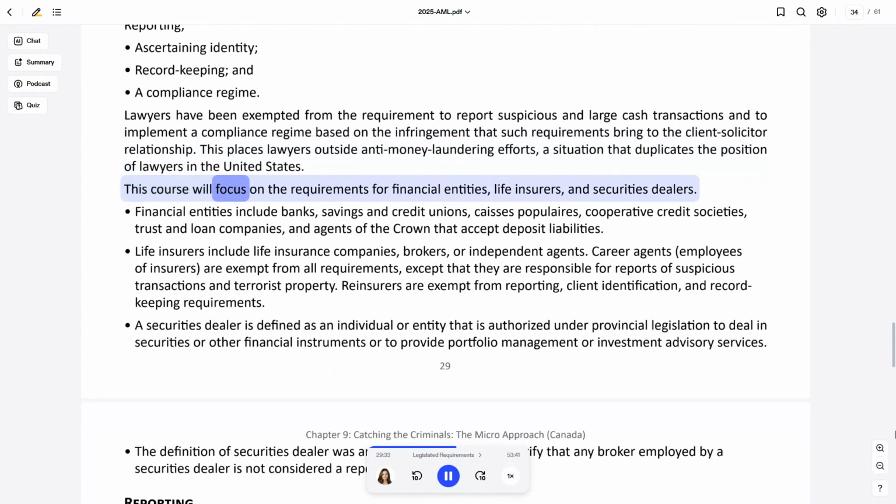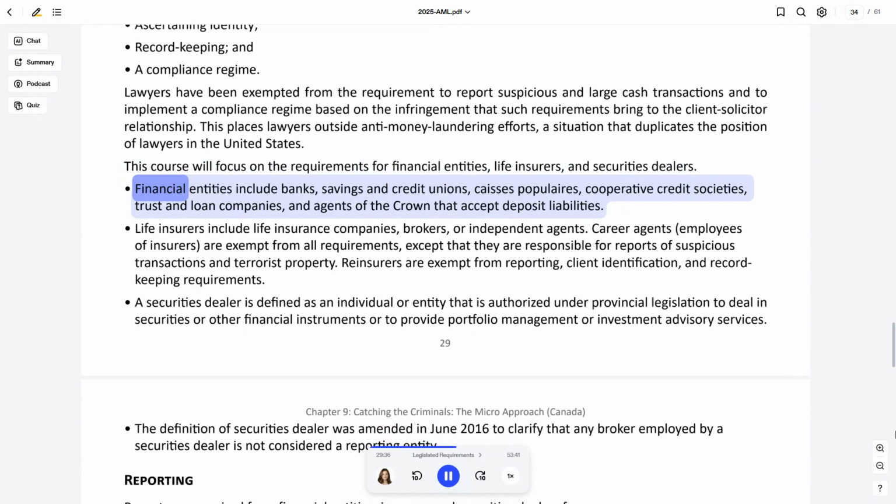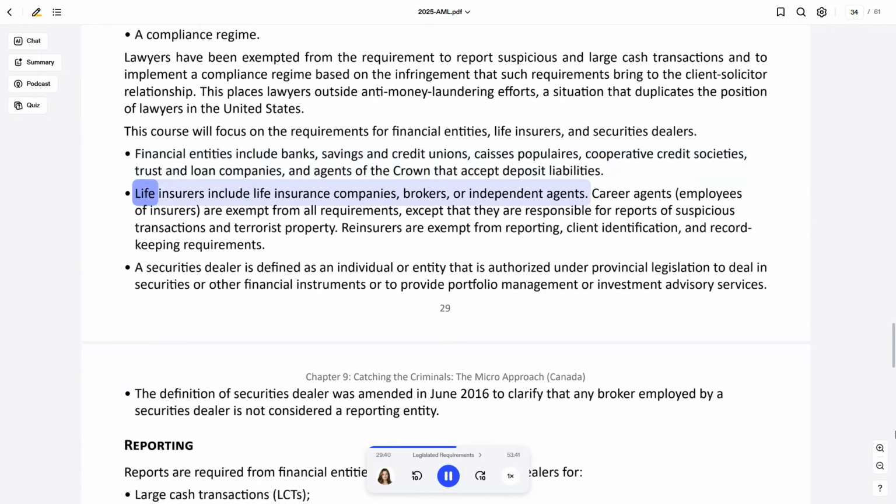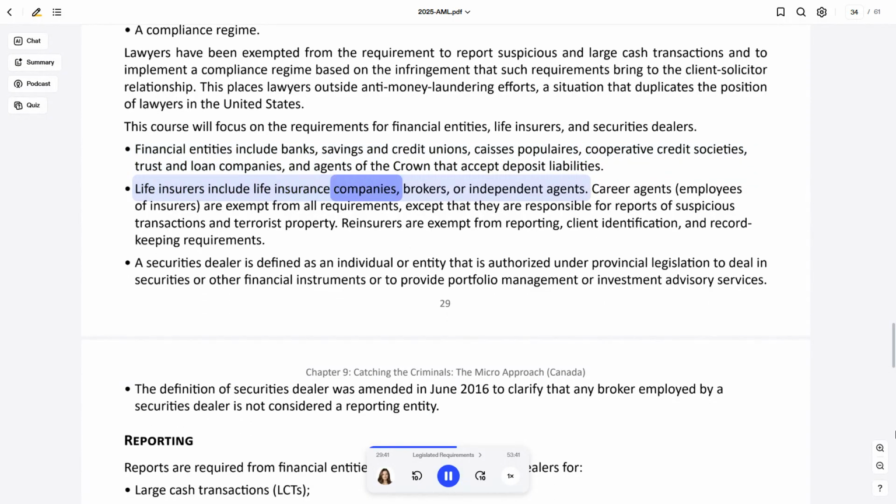This course will focus on the requirements for financial entities, life insurers, and securities dealers. Financial entities include banks, savings and credit unions, caisses populaires, cooperative credit societies, trust and loan companies, and agents of the Crown that accept deposit liabilities. Life insurers include life insurance companies, brokers, or independent agents.